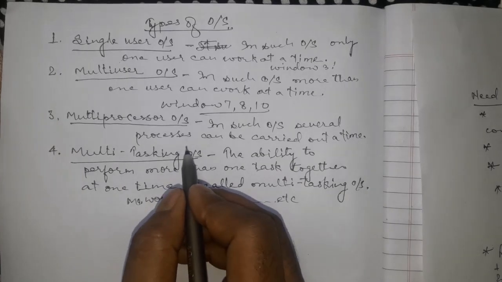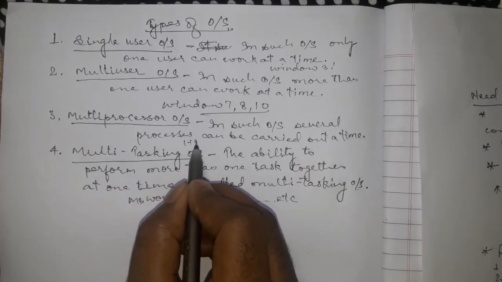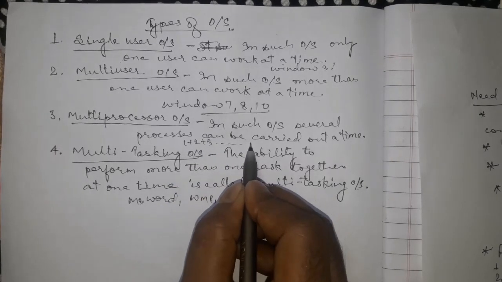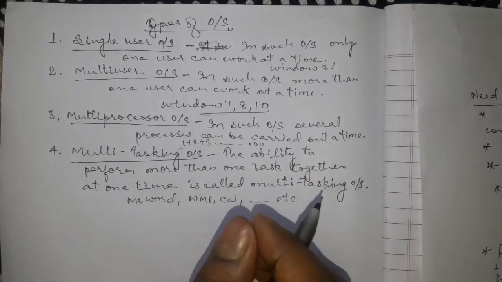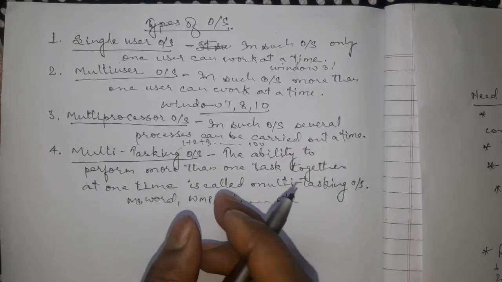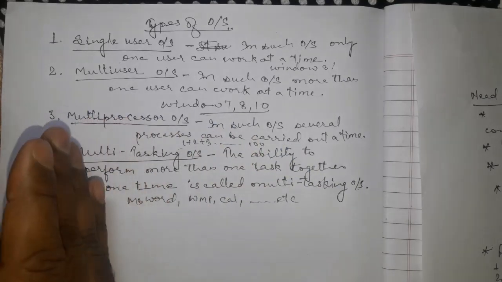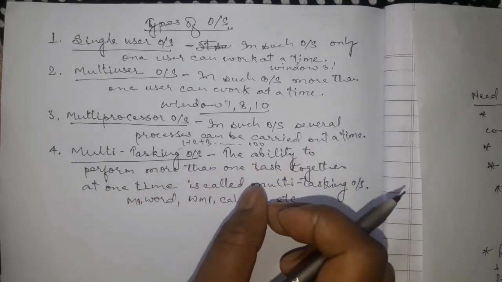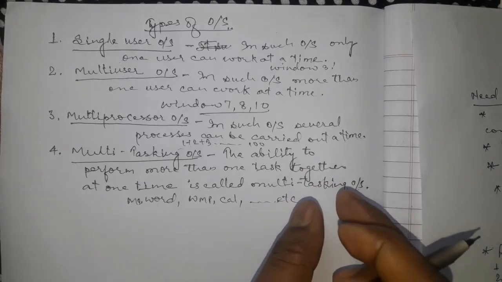Suppose you are giving the computer a task to add numbers from 1 to 100. The computer divides this operation among multiple processes: the summation of 1 to 10 is done in one part, and 11 to 20 in a different part, and 21 to 30 in a different part.